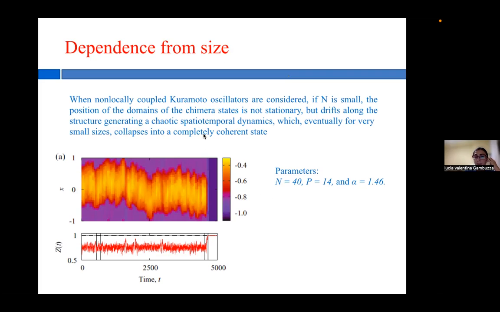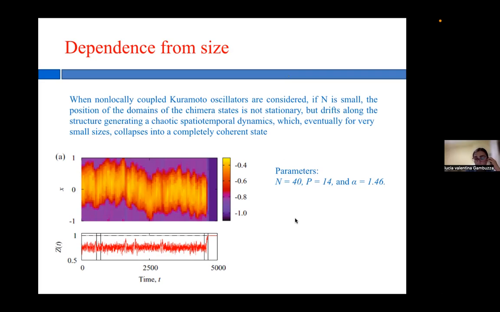Until some years ago, most of the works on chimera states analyzed a network with a great number of units, and they said that below a critical value, for example 30, the chimera states are just transient. So you can observe the chimera state just for a fixed time.